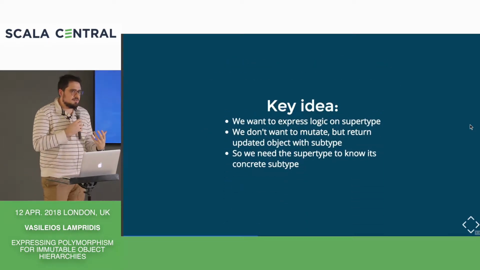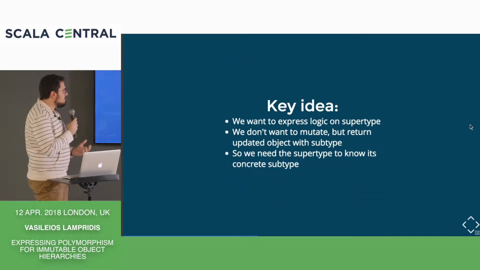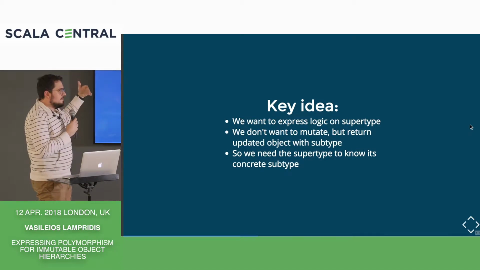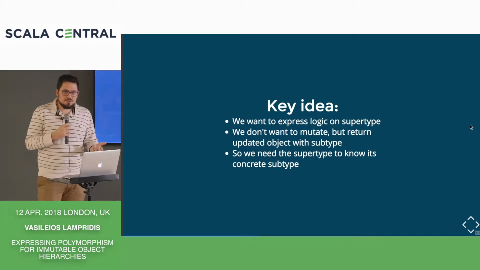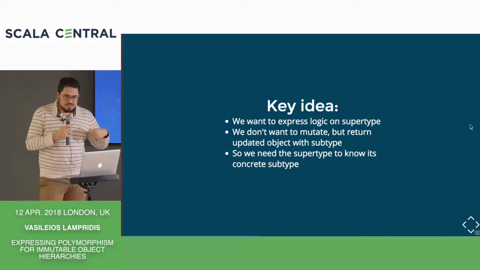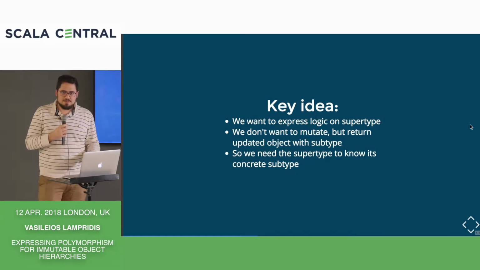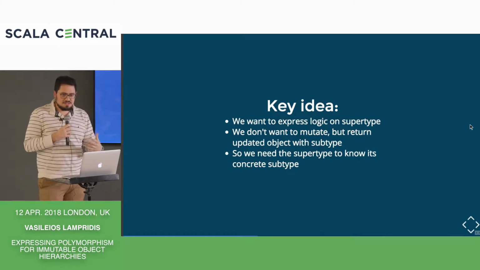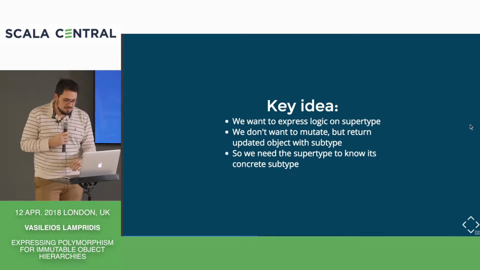So the key idea behind what we call F-bounded polymorphism is that we want to express code on an abstract level, so on the supertype, to avoid duplication, but we don't want to obviously mutate, and we need to return the concrete subtype of an operation that updates something instead of returning just the supertype.